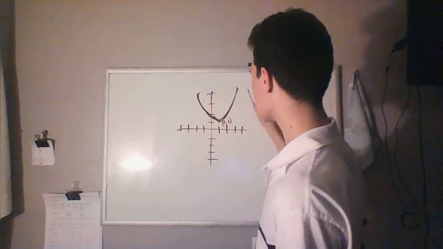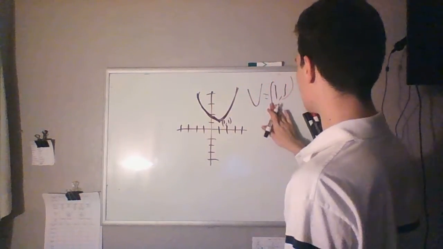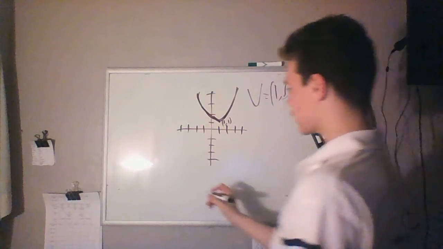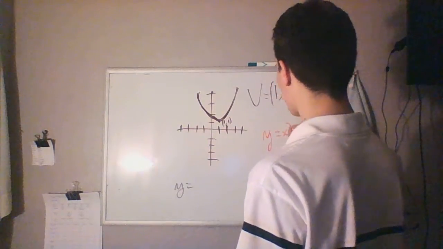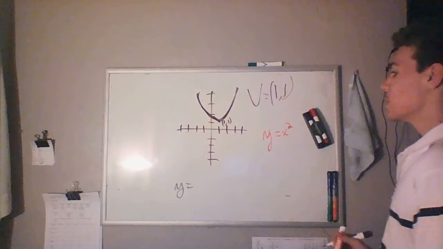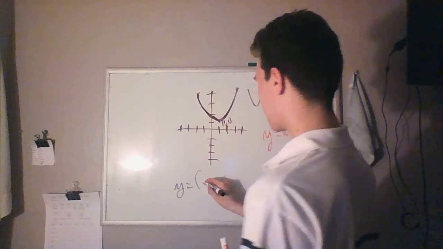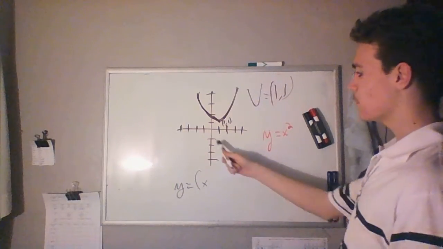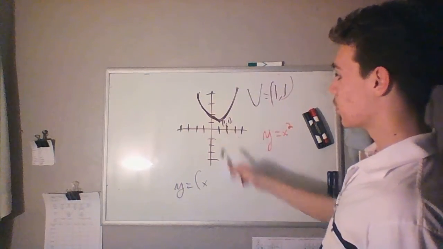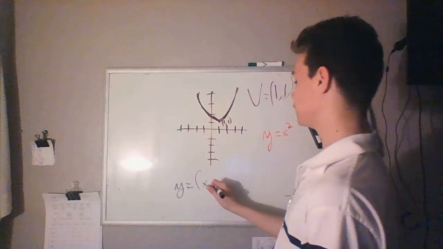So that's going to be our vertex. So now we're going to write y equals, remember, I'm going to put the parent function again, y equals x squared. That's going to be the parent function. So now we have y equals, is it x moving to the left or to the right? And it's going to be moving to the right, 1. So what plus 1 equals 0? And it's going to be negative 1.